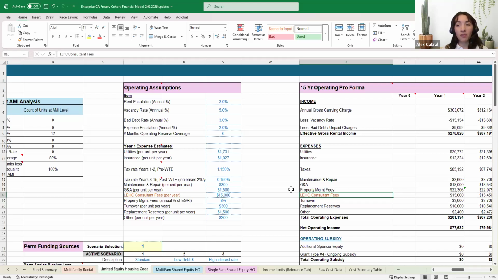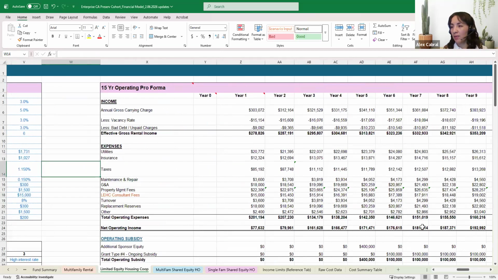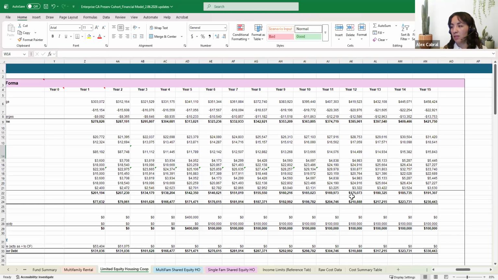Sometimes that will come from the co-op members, the residents who are on the board, but not all the time. And we've really found it helpful to consider payment for a consultant that can keep the ball rolling.